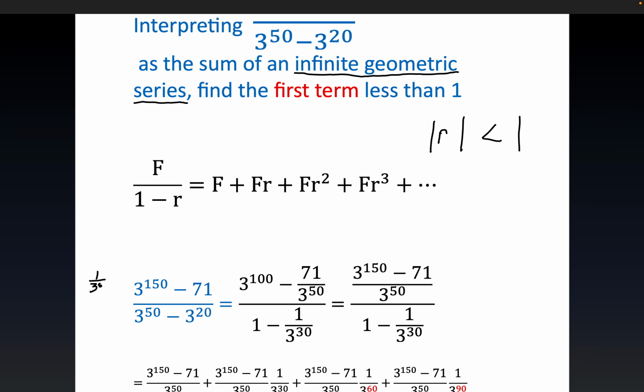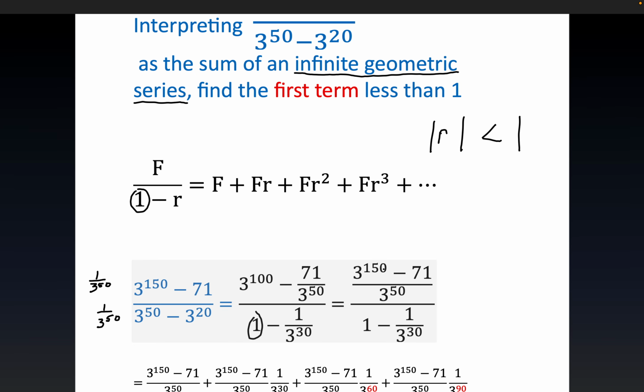You can think of it as multiplying top and bottom or dividing by 3 to the 50th, however you want to think about it. In any event, what you're doing is multiplying this expression by a cleverly disguised version of 1, which doesn't change it numerically, right? It changes its appearance. But y'all notice when I do this, this is 1 over 3 to the 50th, top and bottom. And you get the 1 right here, which is important in terms of interpreting this thing as a geometric series.